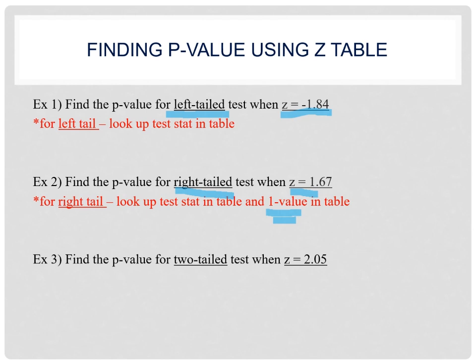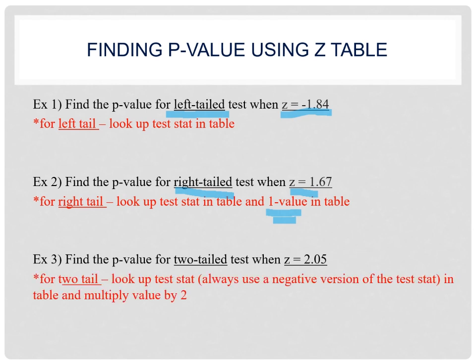If you want to do a two-tail test, the two-tail test is going to be a little different than what you might have done before, because we're looking for something slightly different now. So there's just a little bit of an instruction here to help you. If you're looking for a two-tail test, look up the test stat, and this is going to be your test stat right here.